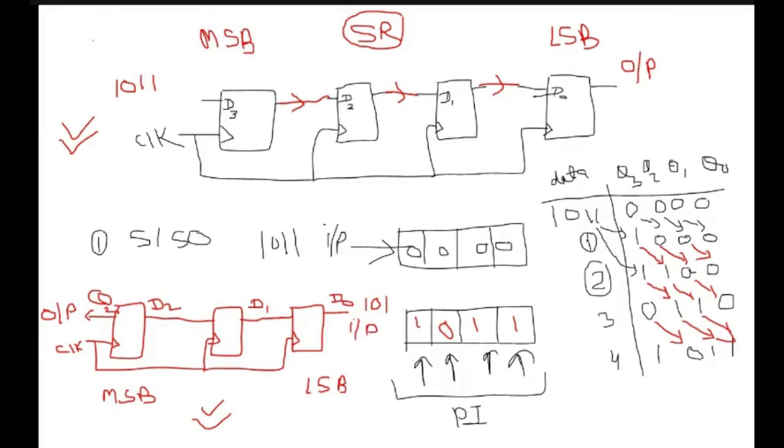So if you want to design a SISO configuration with shift right, you need to provide the input at the MSB side, and you will be taking output from the LSB side. Similarly, for the SISO operation in shift left configuration, you will be providing the input at the LSB side, and data will be taken serially out from the MSB side.